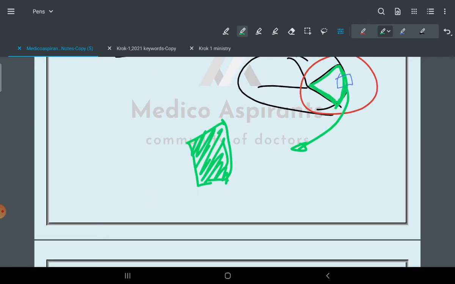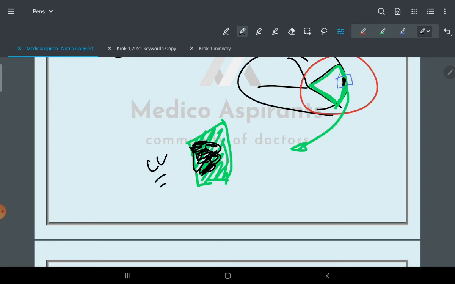Intramural means inside, so this part is defective. It's the left ventricle, this part is defective, and if I zoom in, it is like this part.